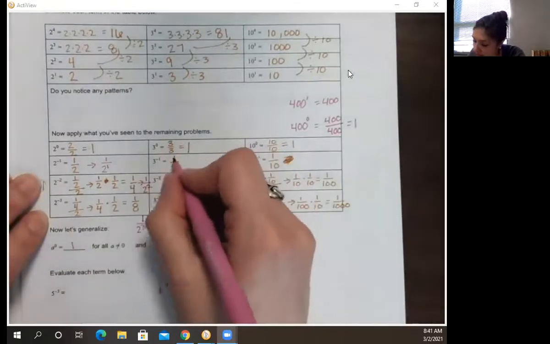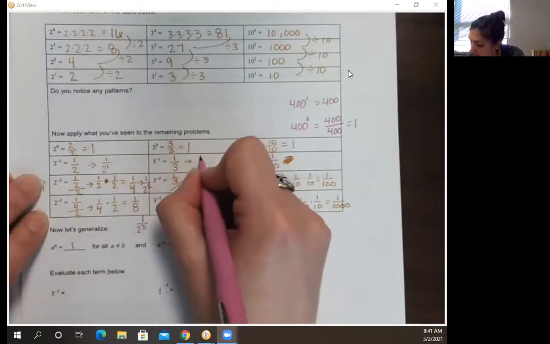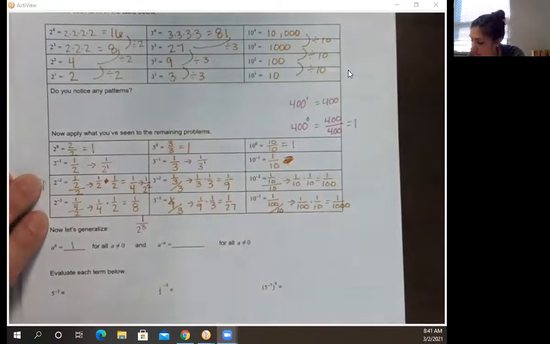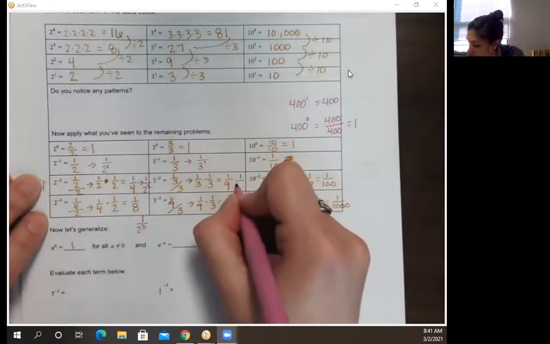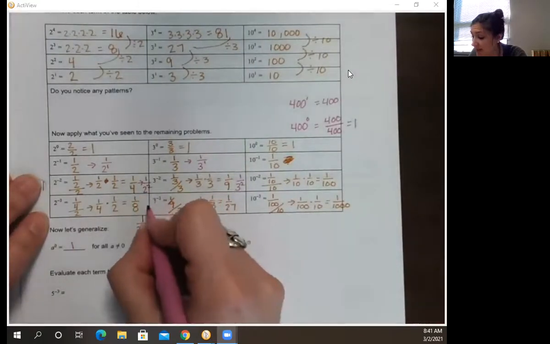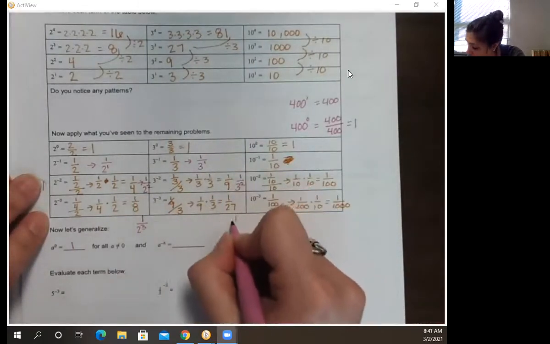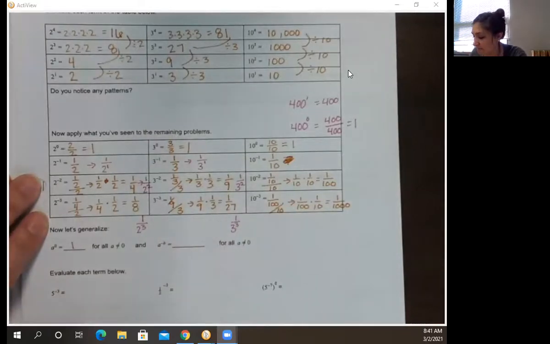This works for my powers of 3 as well. 3 to the -1st would be the same thing as 1/3 to the first. 3 to the -2nd is the same thing as 1/3 squared, because 3 squared is 9. 3 to the -3rd would be 1/3 cubed, because 3 cubed is 27.